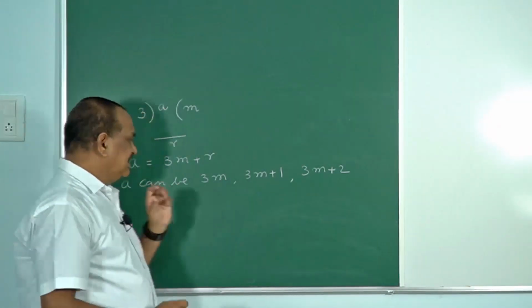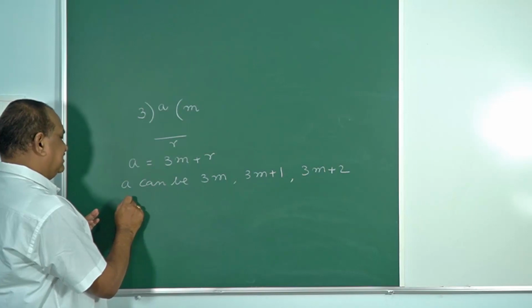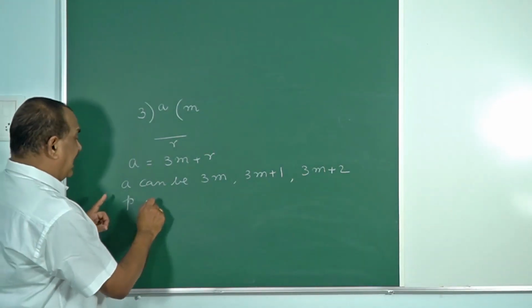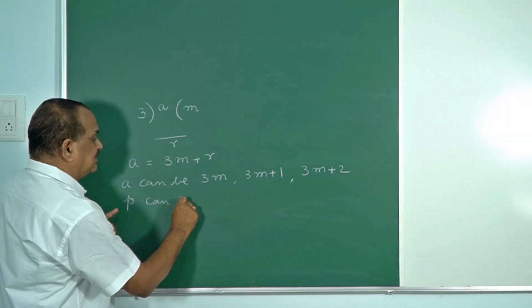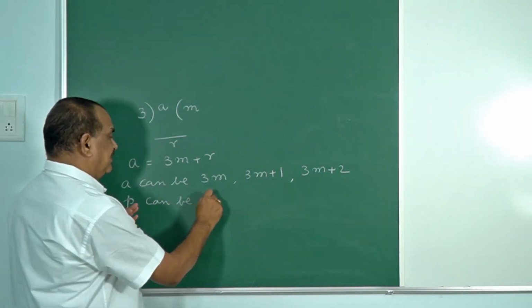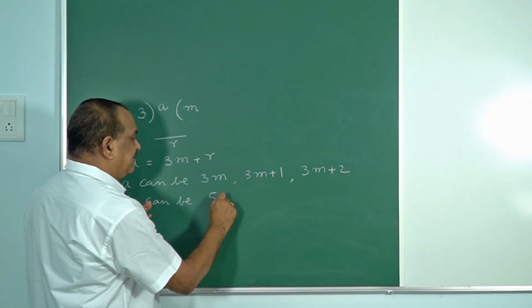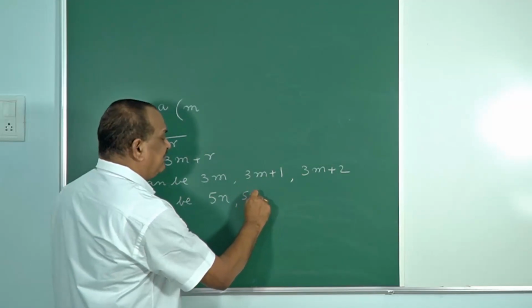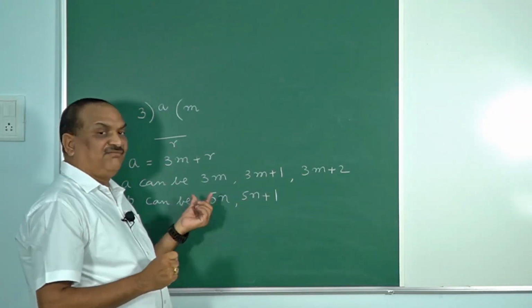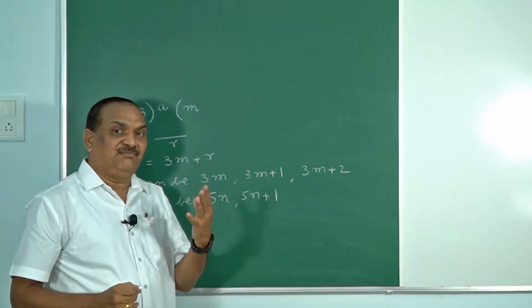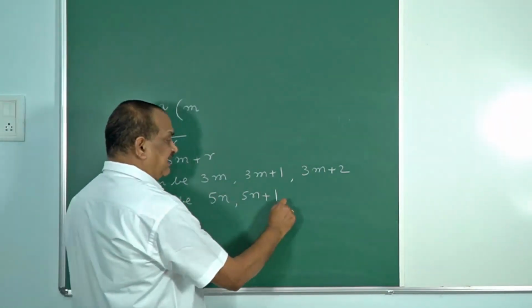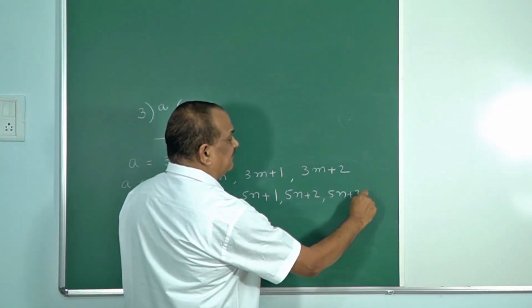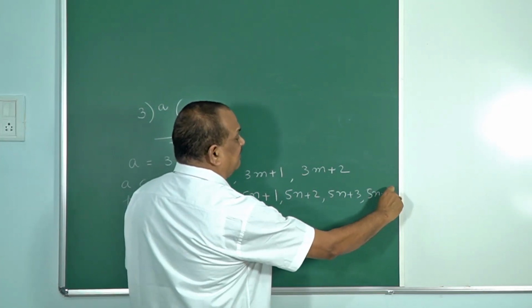Exactly the same way, suppose you have some number, say p, and suppose I divide it by 5. It can be 5 times n, 0 is the remainder. It can be 5n plus 1 because when you are dividing it by 5, the remainder can be anywhere between 0 and 4. So it can be 5n plus 2, it can be 5n plus 3, and it stops here, 5n plus 4.